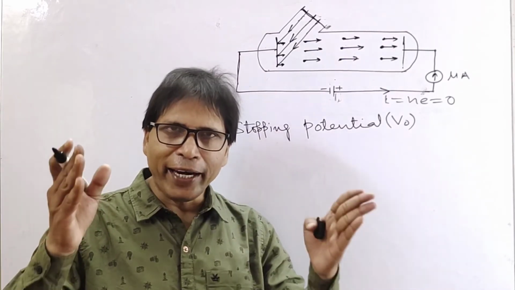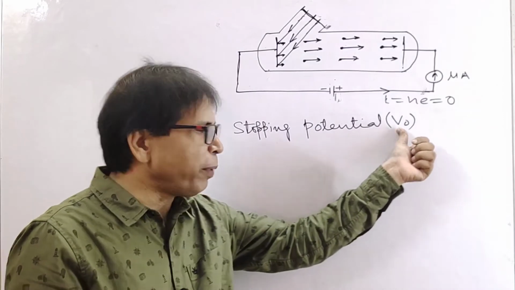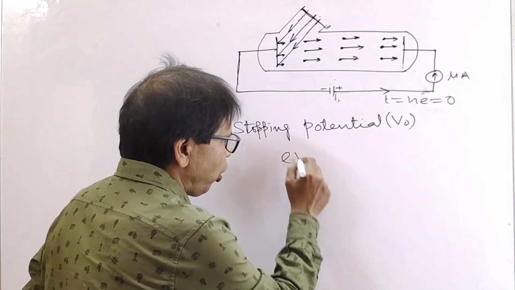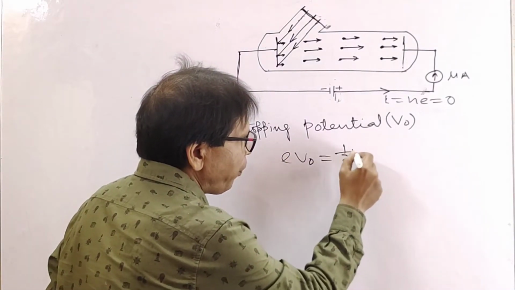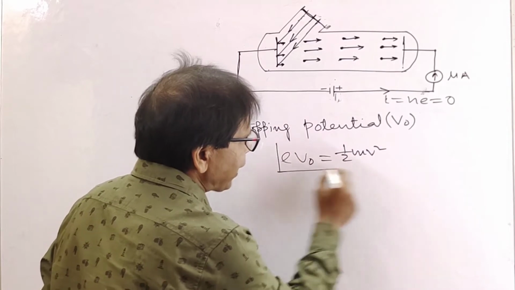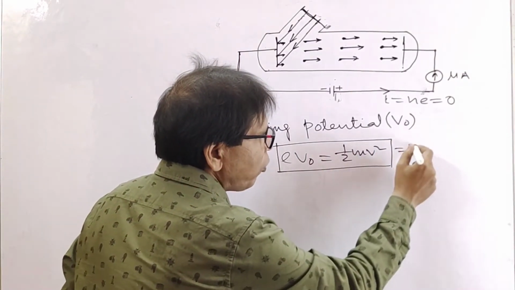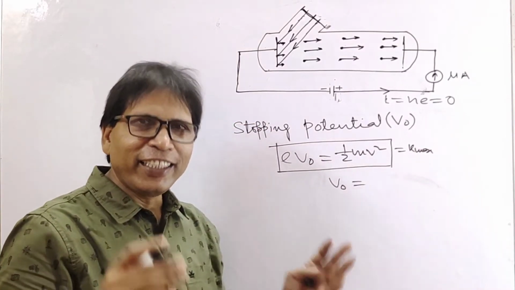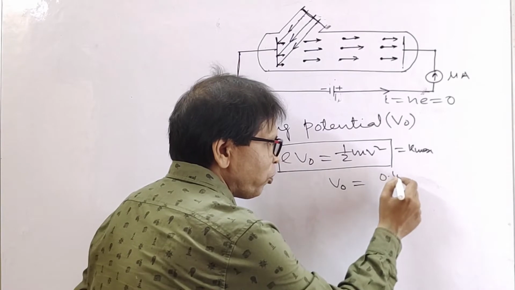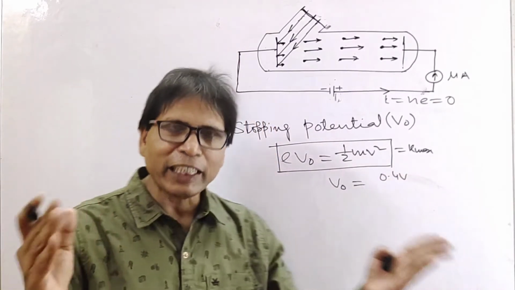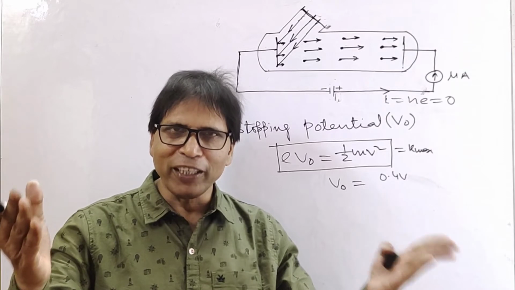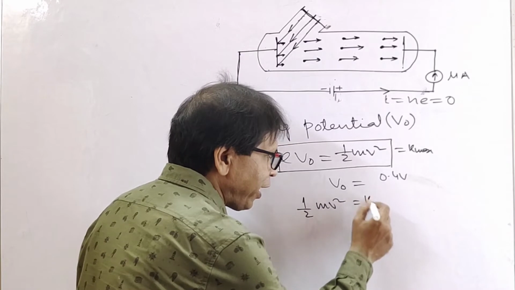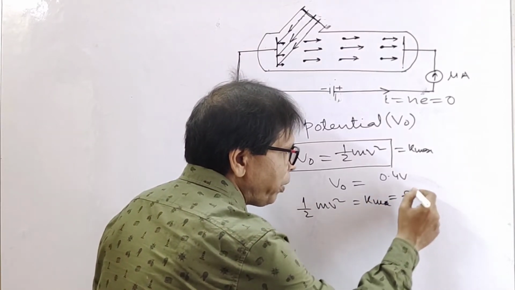The maximum energy of photoelectron which is repelled by the negative potential V0 is equal to E V0. This equals half m v square. This is the maximum kinetic energy of the photoelectron. Okay. Suppose stopping potential is equal to 0.4 volt. That means the maximum kinetic energy of the photoelectron, half m v square, this is K max, equals E V naught.